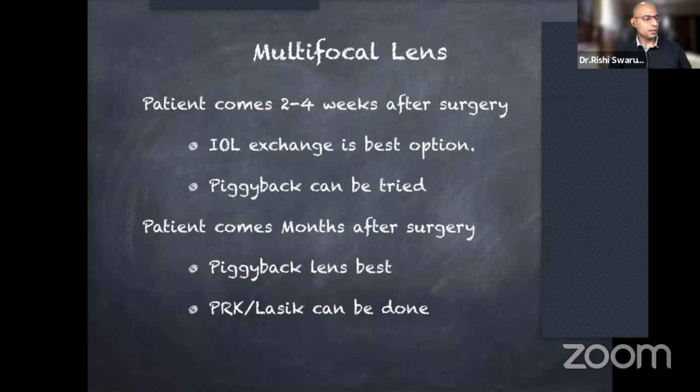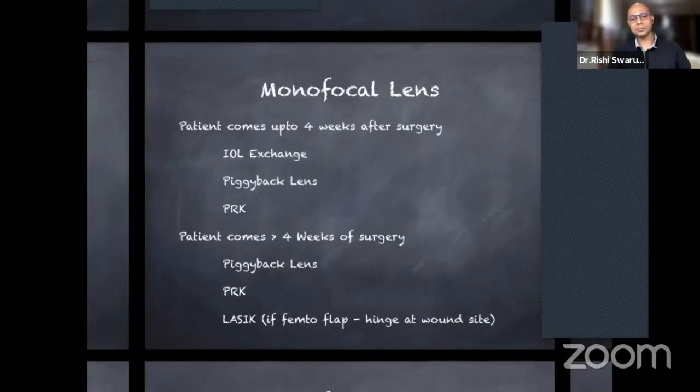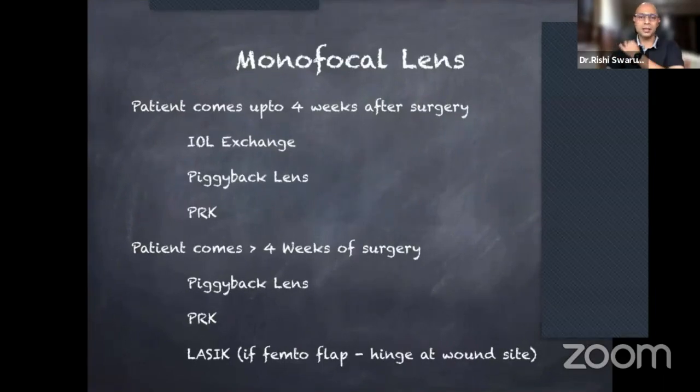But if time has already passed, then one could consider a piggyback lens option, or you could do a refractive procedure on the cornea. You could also do a piggyback lens in the early post-operative period if you're not desirous of removing the lens, or you're fearful that you might damage the zonules or the capsule.